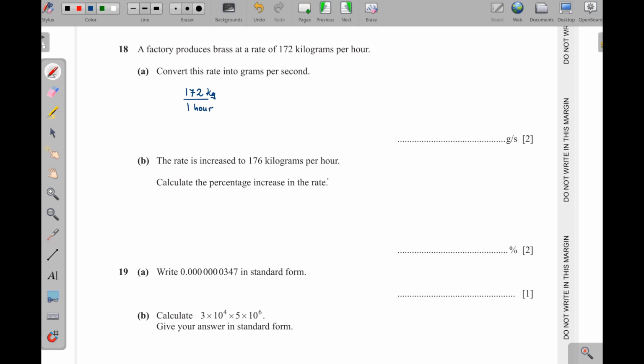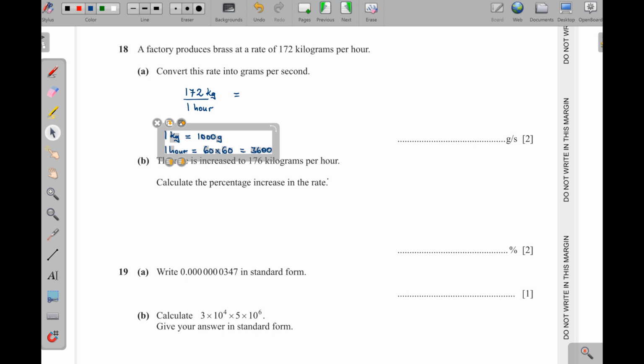Now, we are converting the kilograms to grams, and you know that 1 kilogram is equivalent to how many grams? 1,000. And then 1 hour is equivalent to how many seconds? It is 60, because 1 hour has 60 minutes, and each minute is equivalent to 60 seconds. So that is 3600, right?